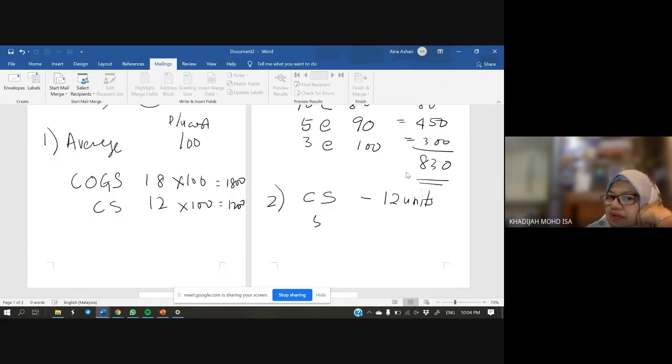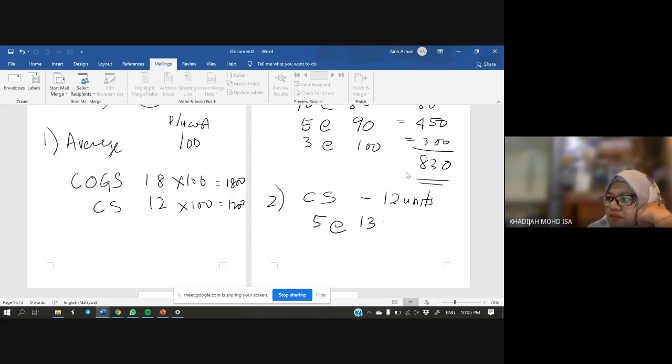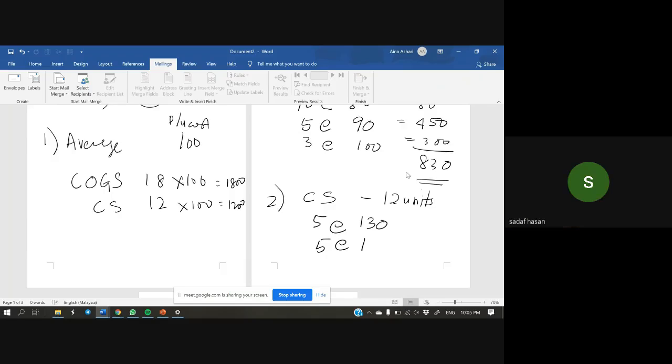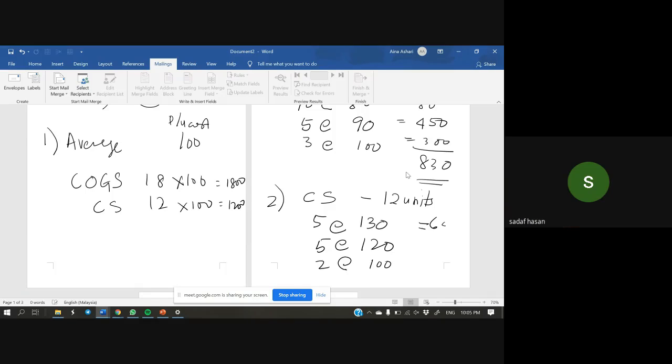You must take 5 units at 130, and then another 5 units at 120, and another 2 units at 100. So how much is that? 130 times 5 equals to 650, 120 times 5 is 600, and 200.